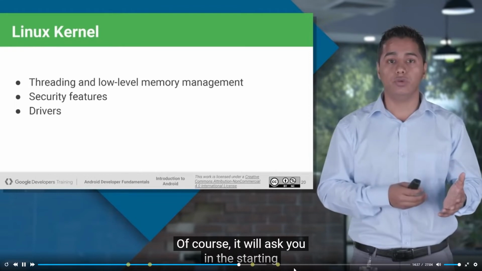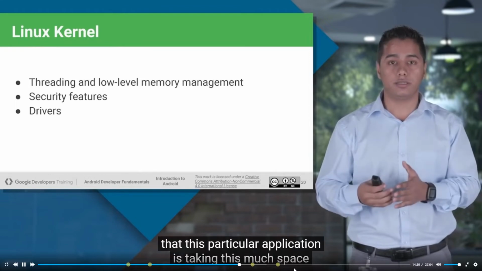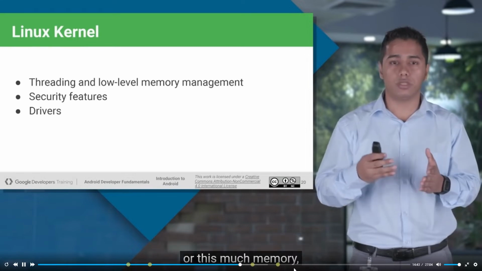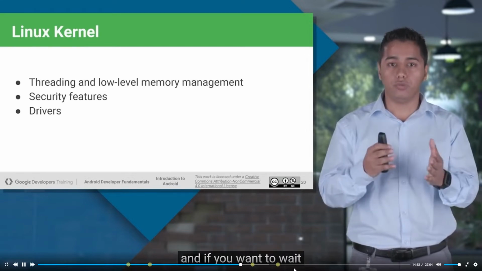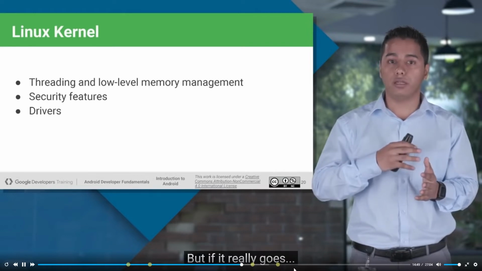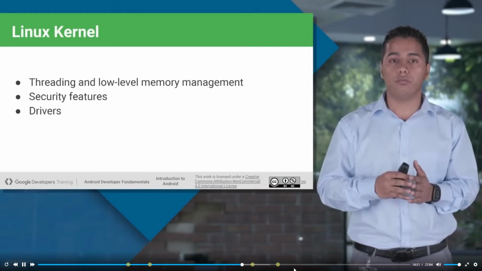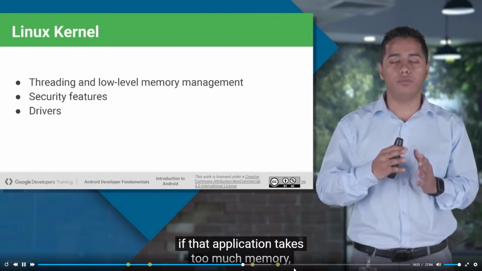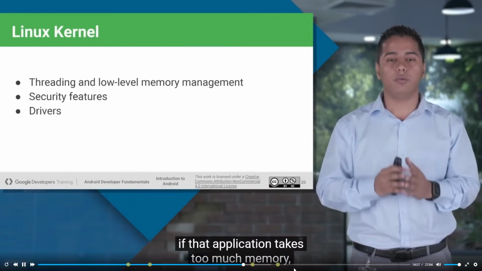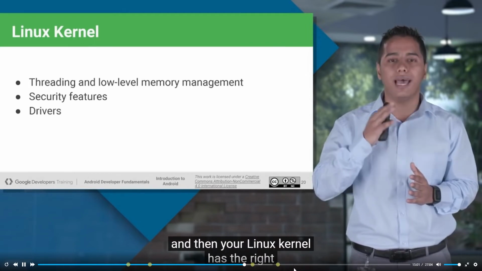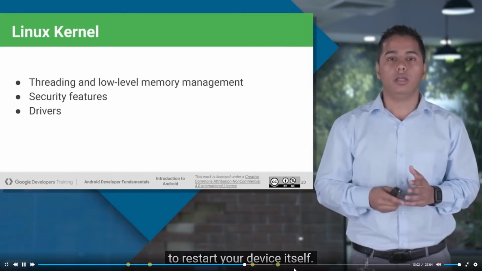Of course, it will first ask you that this application is taking this much memory, and whether you want to wait for it to respond or not. But if that application takes too much memory and the device really runs out of memory, then your Linux kernel has the right to restart your device itself.